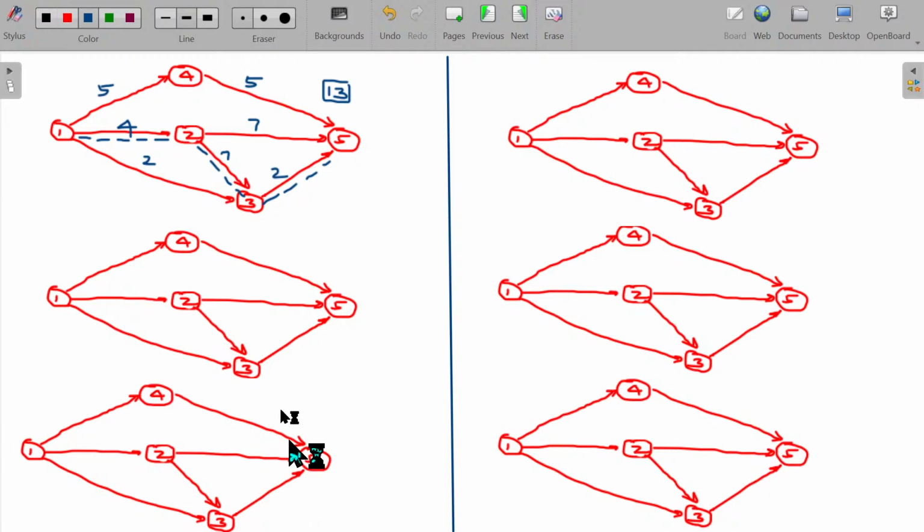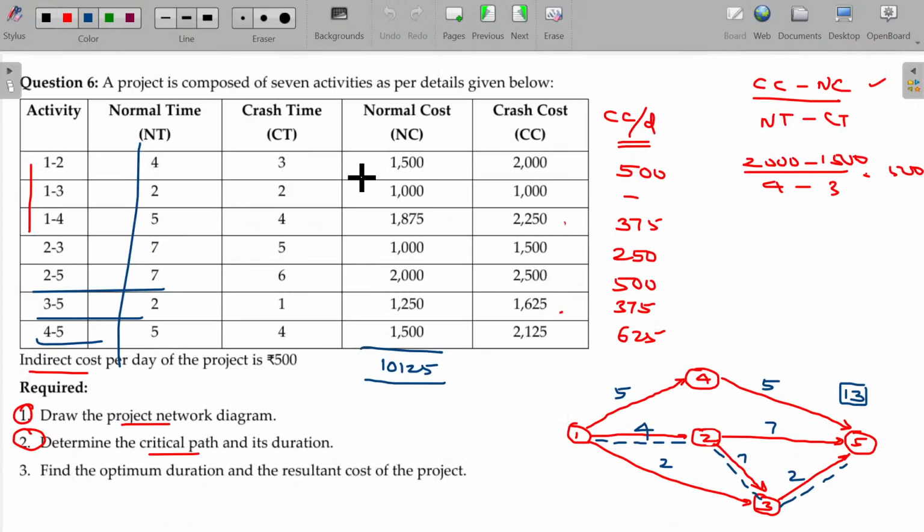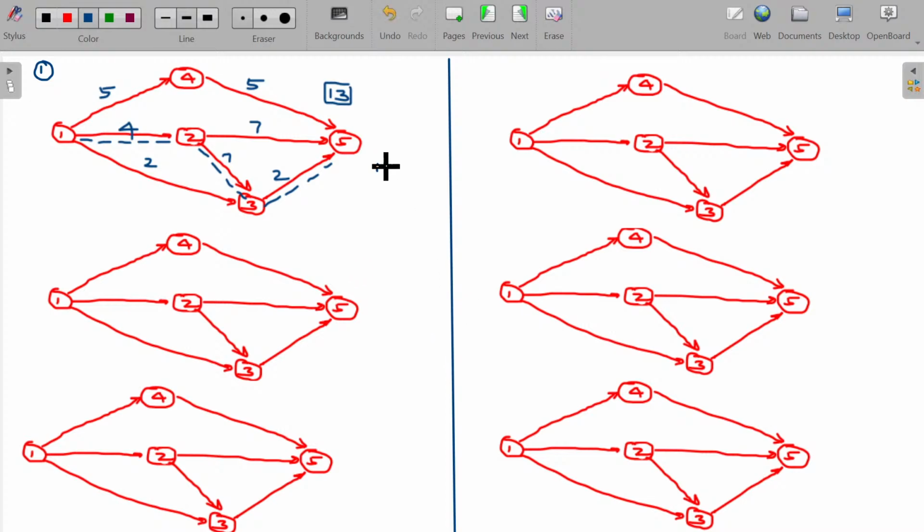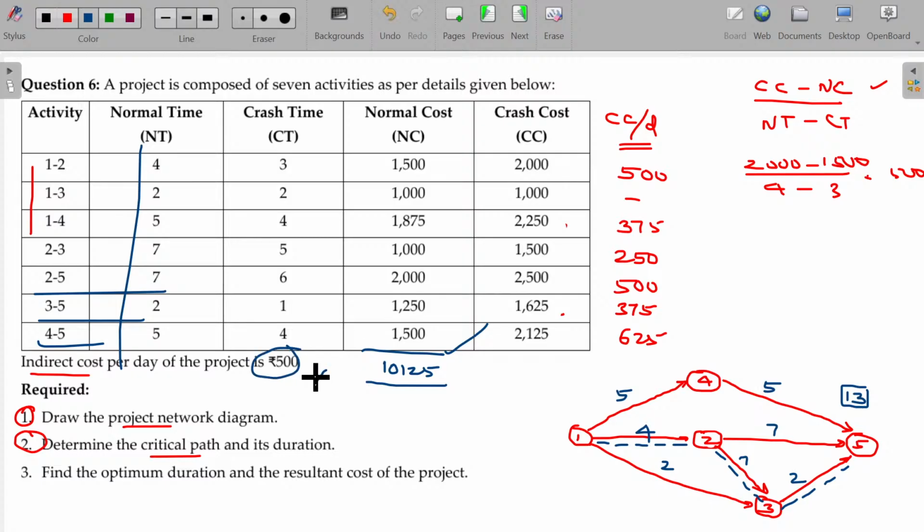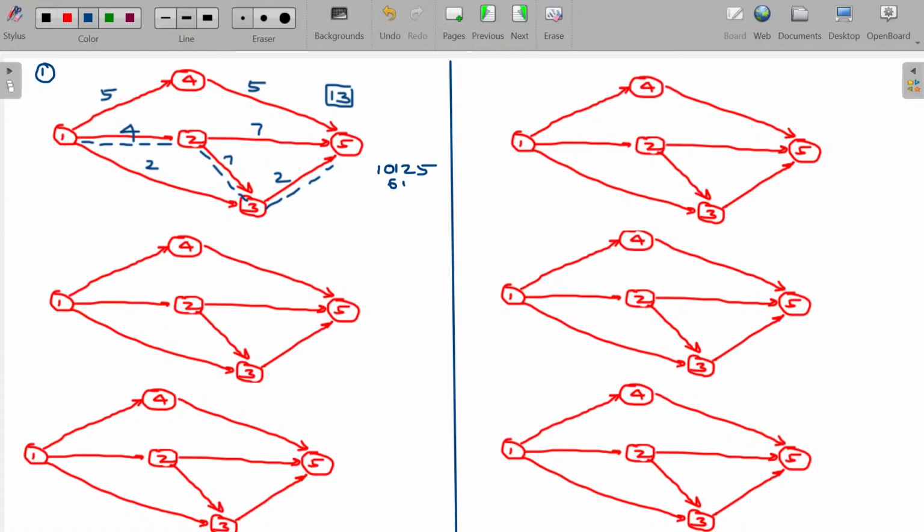Now, as per the first diagram, what is the cost? 10,125. Apart from that, 500 rupees per day you have to spend for 13 days indirect overhead. That is around another 6,500. The project can be completed in normal due course by the 13th day, the overall cost for completion being 16,625. Clear?